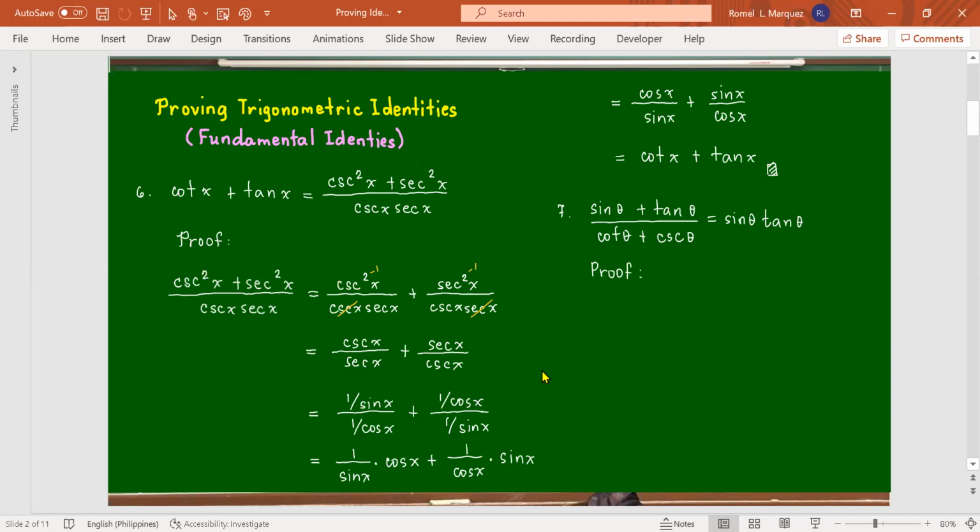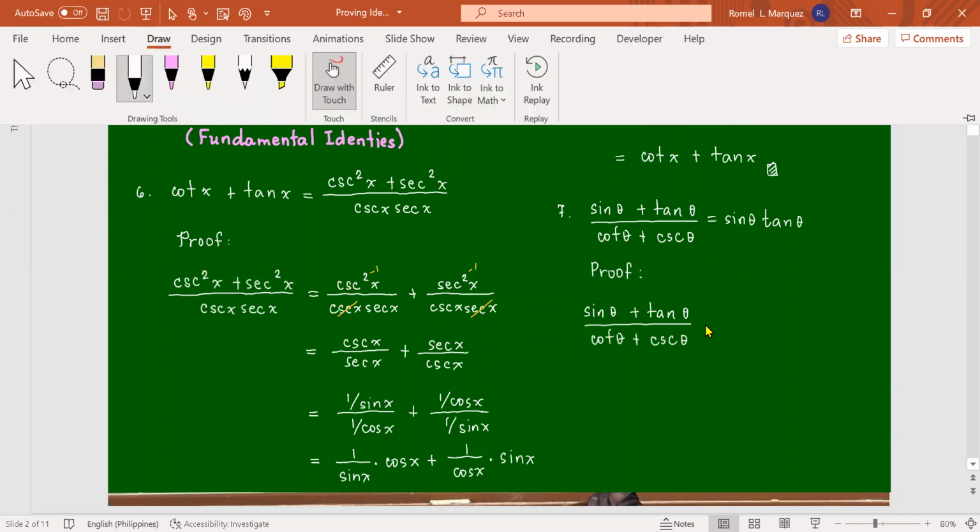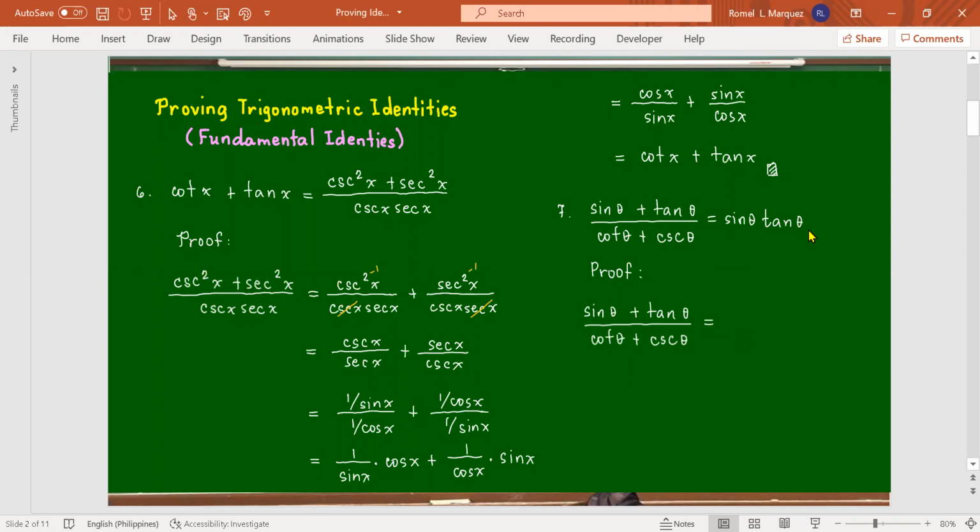So let's see what we can do in this identity, and let's see if this is really an identity. Let's work on the left side because this is more complicated than the right side. And our goal is to express this in the form of a product of sine and tangent.